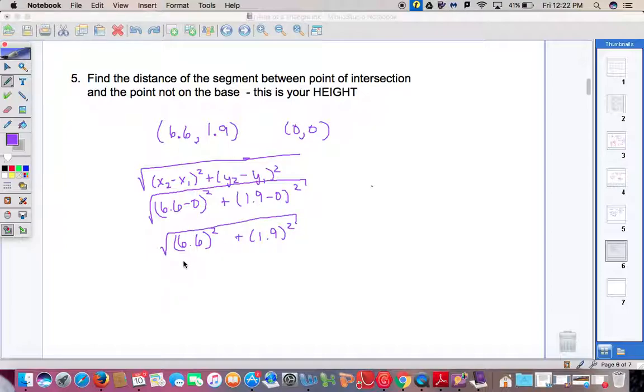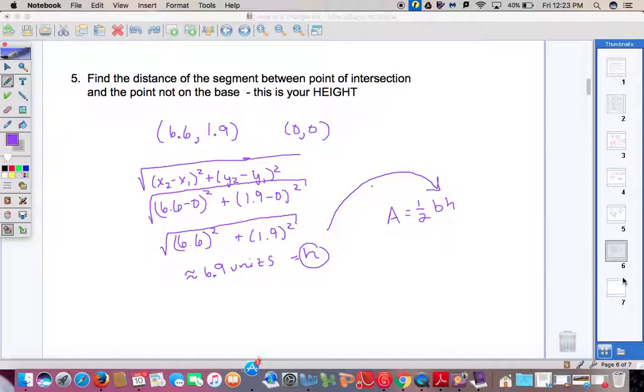So the square root of 6 6/10 squared plus 1 9/10 squared is approximately 6.9 units. This is just from what we did in the class, and I used students' work, so I'm hoping that our decimals here all work out. But 6.9 units, guys, this is your height. So in our equation of area is equal to 1/2 base times height, this is the height.